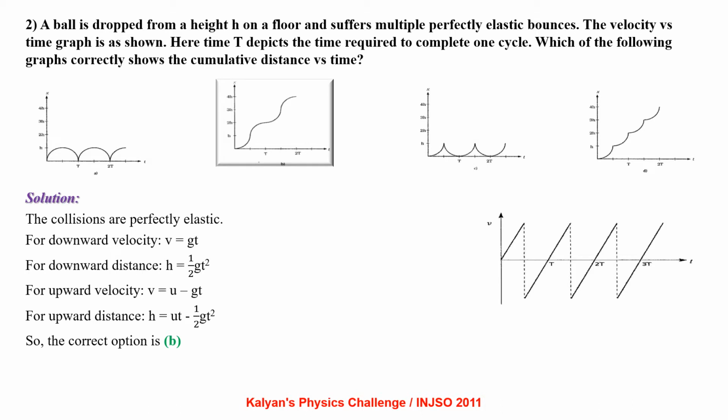For downward velocity, v = gt. For downward distance, h = half gt square. For upward velocity we can write v = u - gt, and for upward distance we can write h = ut - half gt square. So the cumulative distance versus time graph should be the second graph.